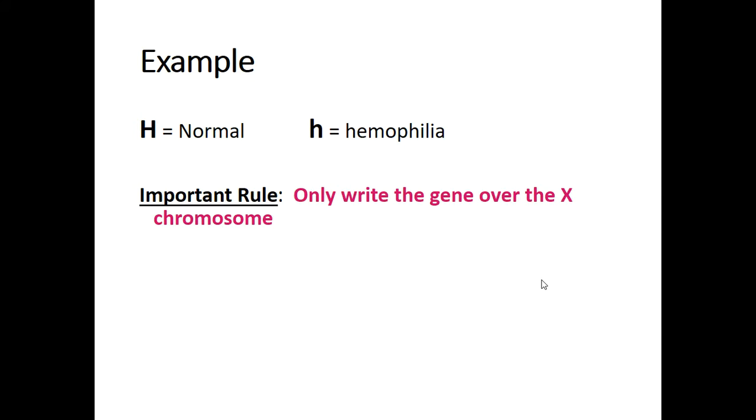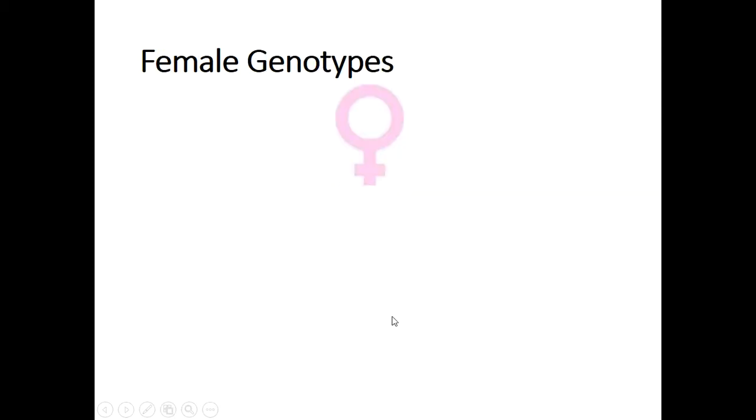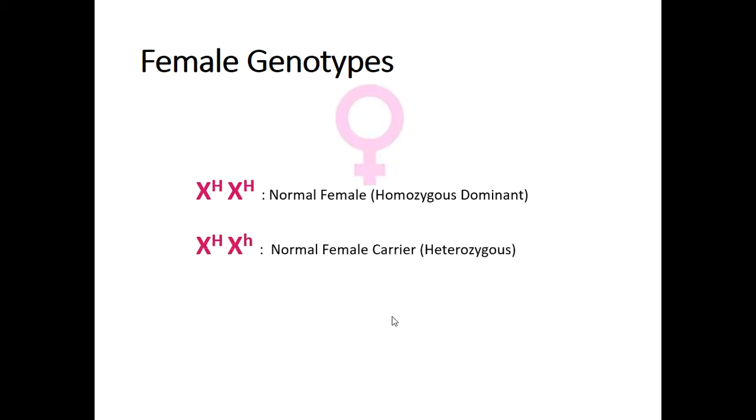Because it's an X-linked trait, we're going to show these as superscripts that are only on the X chromosome. And the ones we're going to be looking at are all going to be sex-linked recessive. So the disease or the trait is going to be the little letter, and the capital letter is going to be normal. So notice in females, you have three options.